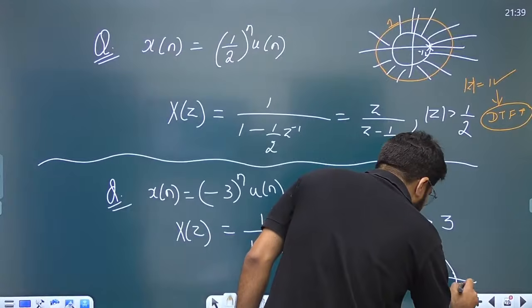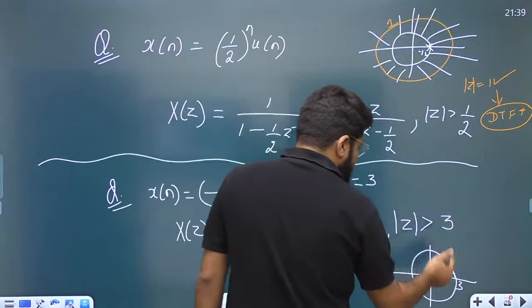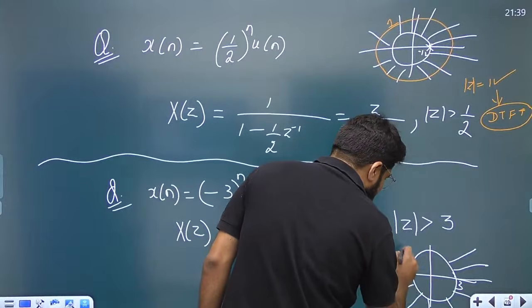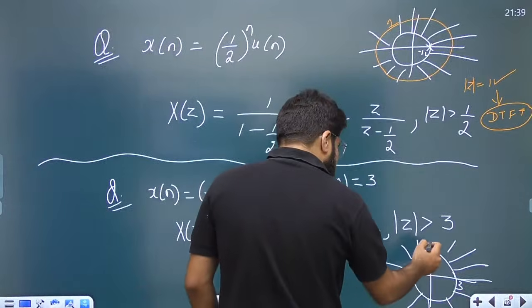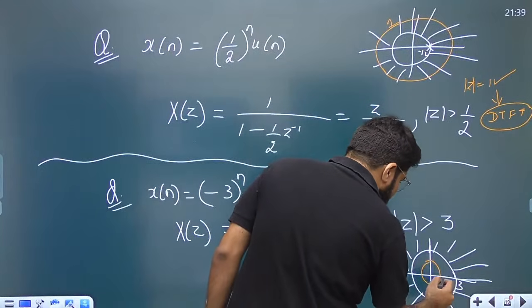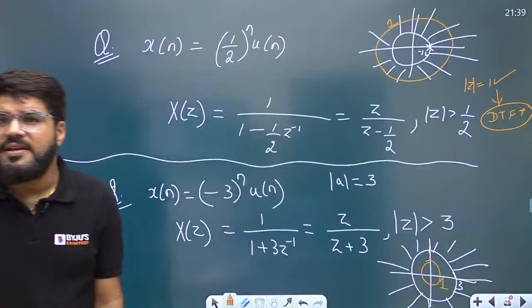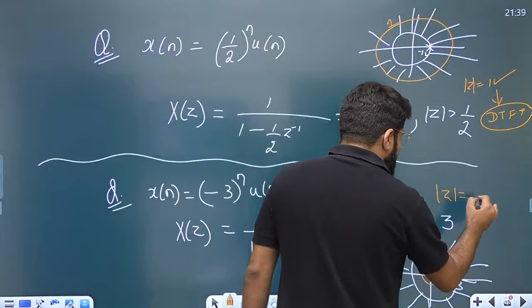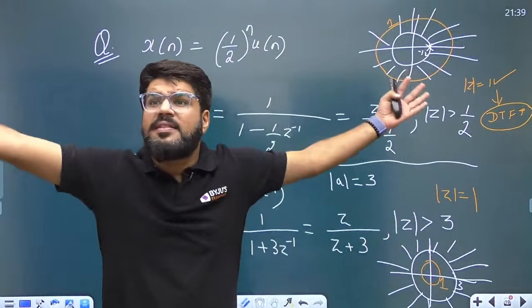So now you have radius 3, modulus of A is 3. Okay, I'm just doing it without any colors. Let me draw a black diagram here. So where is your unit circle? Unit circle has the radius unity. Right? So what about mod Z equal to 1 here? Modulus of Z should be greater than 3.